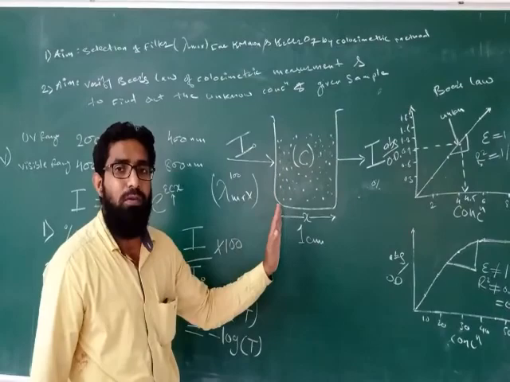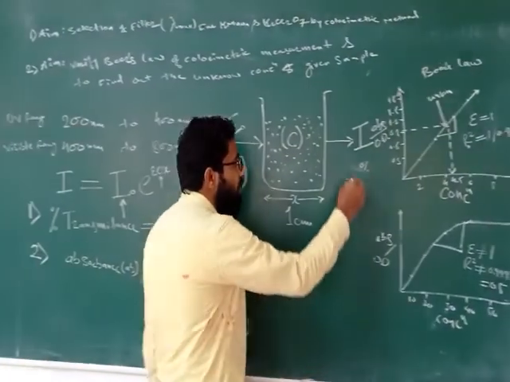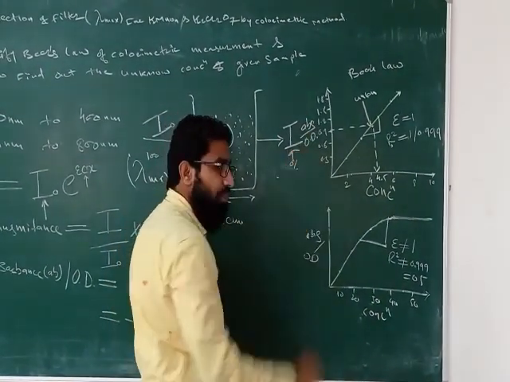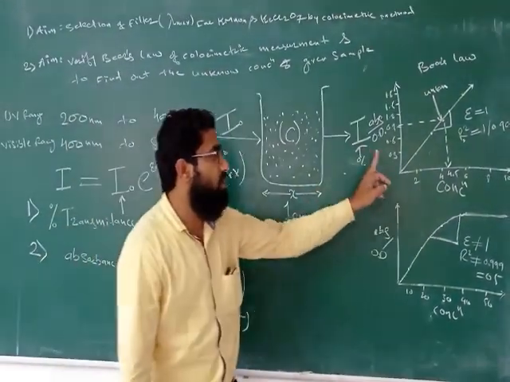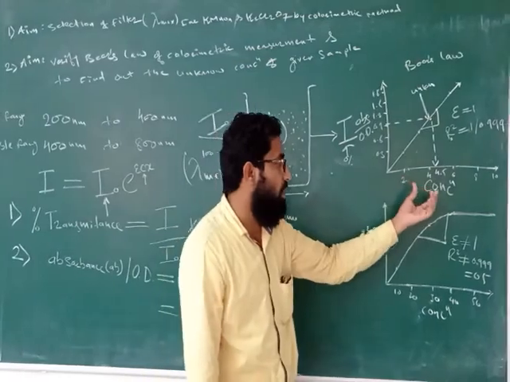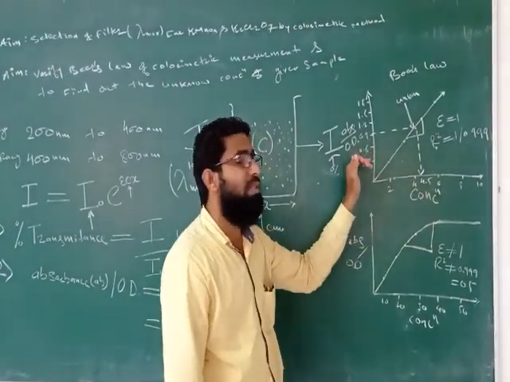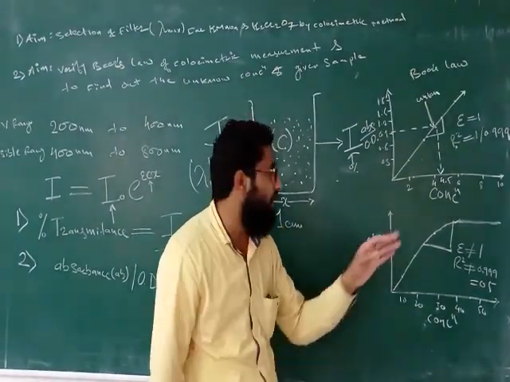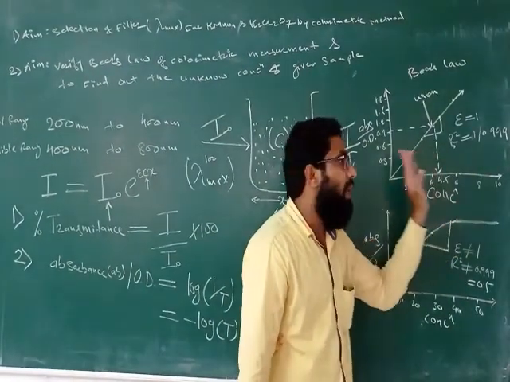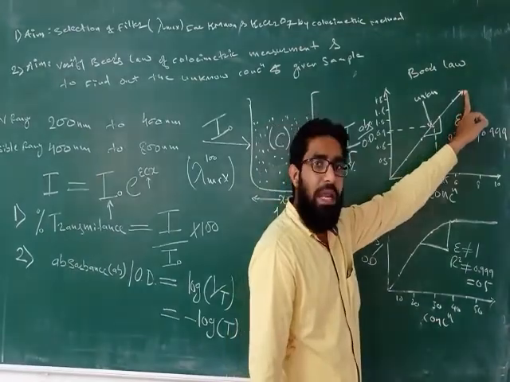It is a function of transmittance. Okay, this is a graph. As I told you, the graph is plotted concentration versus absorbance. Only a dilute solution can obey Beer's law, like 2, 4, 6, 10. The absorbance will give a linear line.